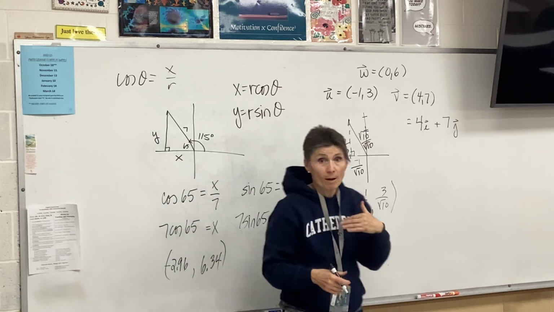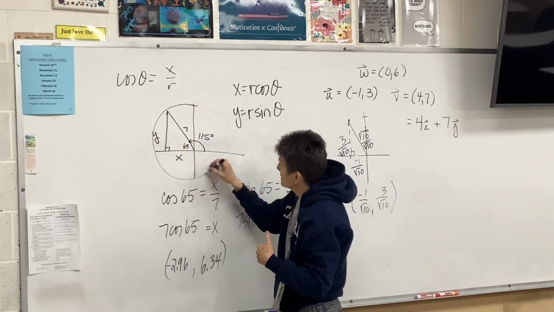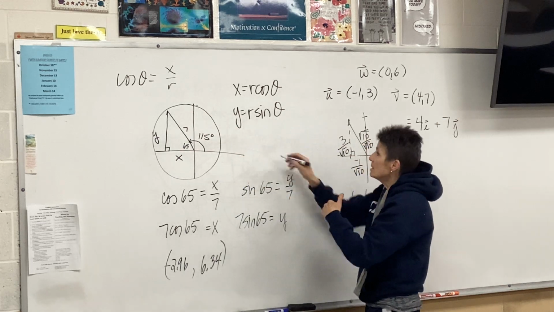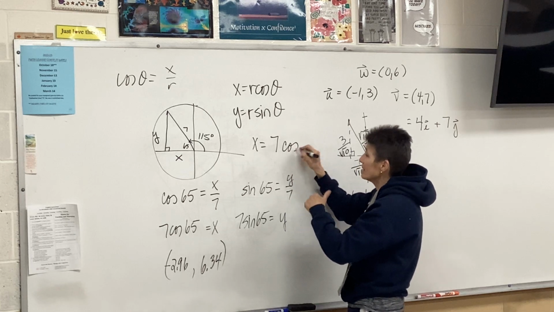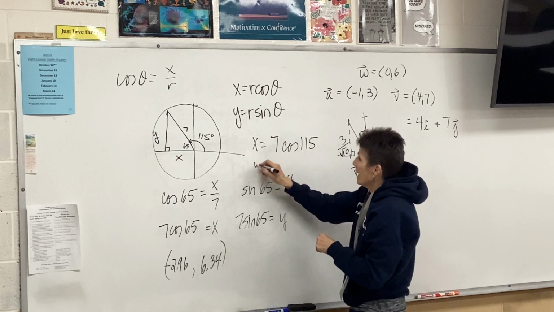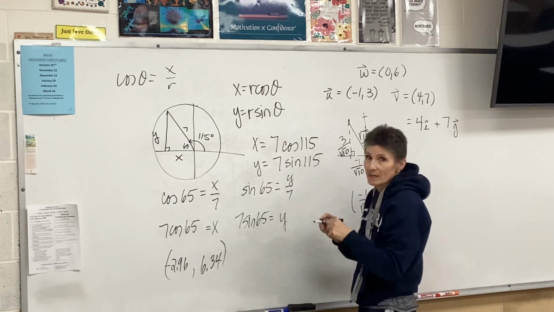Well, in our problem, think of r as the radius of the circle, which is 7. So x is going to be 7 cosine theta, which is 115, and y is going to be 7 sine 115.